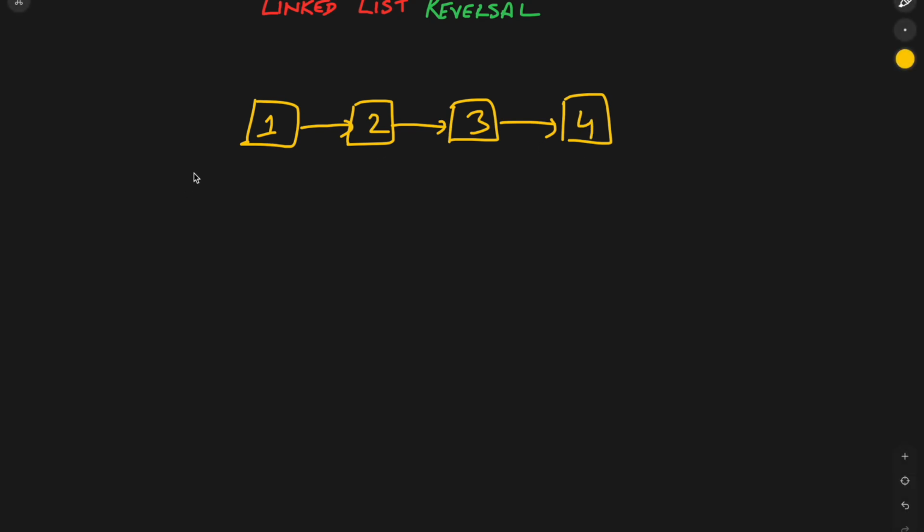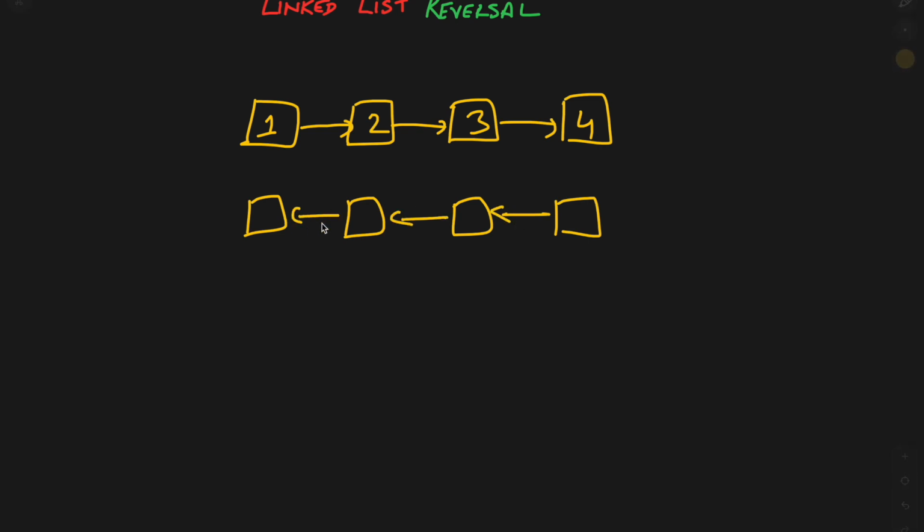Once this linked list is reversed, the order of traversal should change. If we traverse this linked list and just print the elements, then after the reversal it should print these numbers in the reverse order.